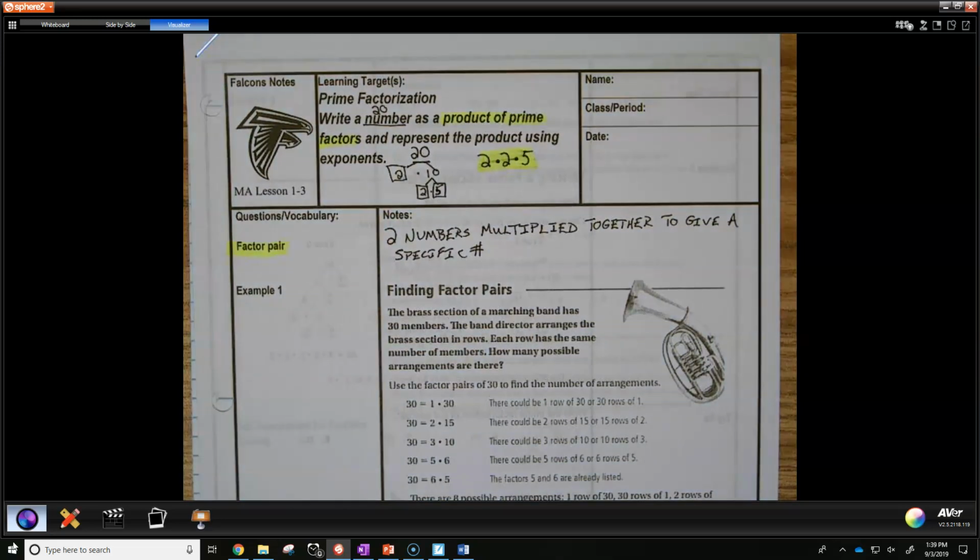You writing this down in your notes. A factor pair are simply two numbers, or you can even say two factors, that are multiplied together for a specific number.